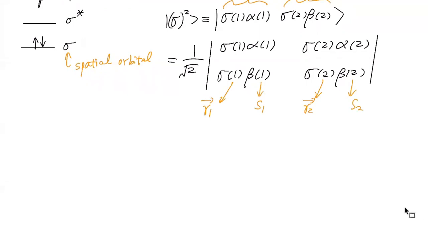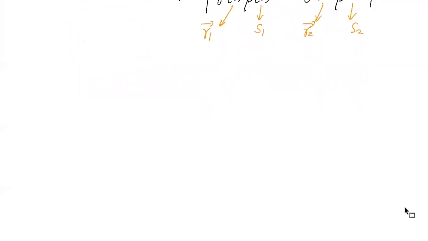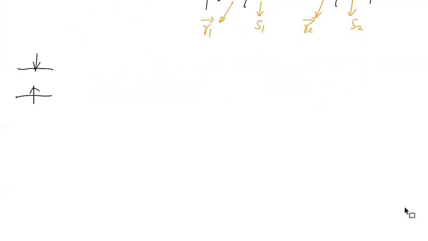And if we consider an excited state, suppose we have 1 electron up and 1 electron down, sigma, sigma star. Then of course you have sigma 1 alpha 1, sigma star 2 beta 2, right?